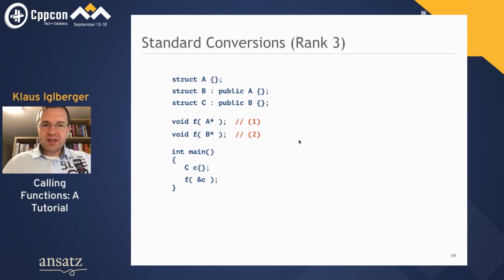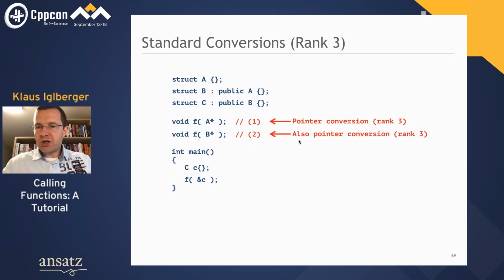Of course, this works, as I said before, in class hierarchies as well. So just as one quick example, let's consider a class A that is used to define a B, which is used to define a C. If I have two functions, one function that takes an A pointer and one function that takes a B pointer, function 1 and 2 again, and I have a C and pass the address of C to this f, then actually function 2 would be called.